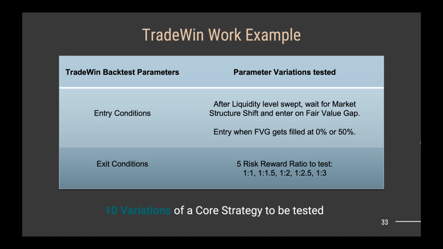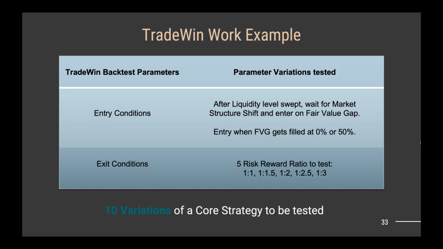But what about entering the FVG when it gets filled at 0%, or when it gets filled at 50%? Wouldn't you want to test both to see if entering mid FVG is better in the overall results than just entering at 0%? The exit conditions to test were different risk to reward ratios.